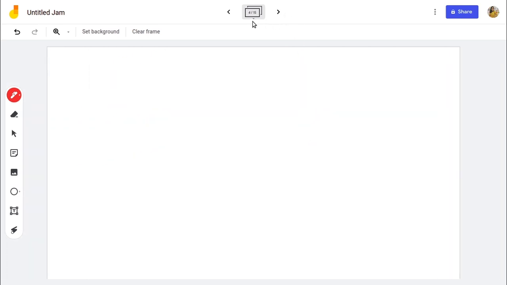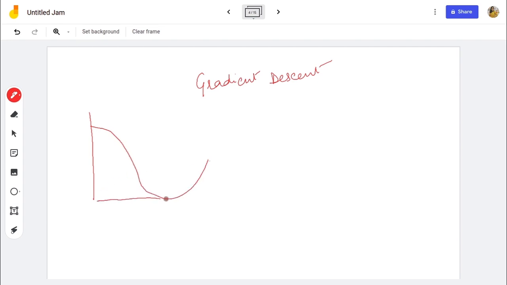So there are a lot of optimizers, but today we will just talk about the most basic optimizer, the gradient descent. So what exactly is a gradient descent? Think of this manner. Here is a hill.